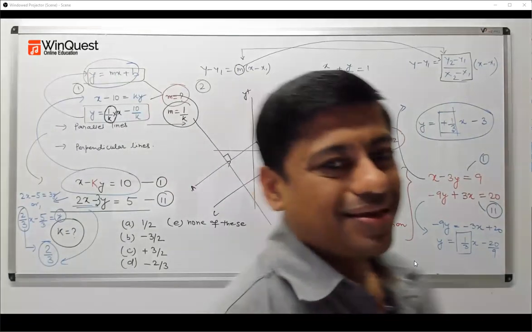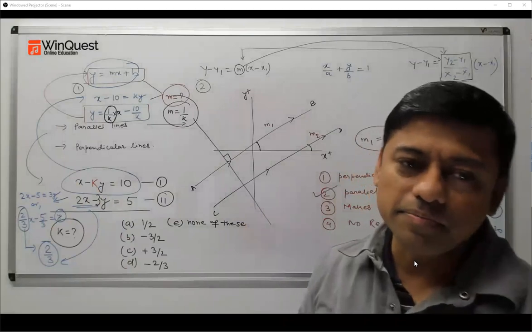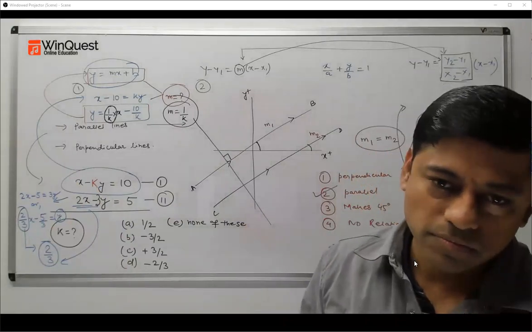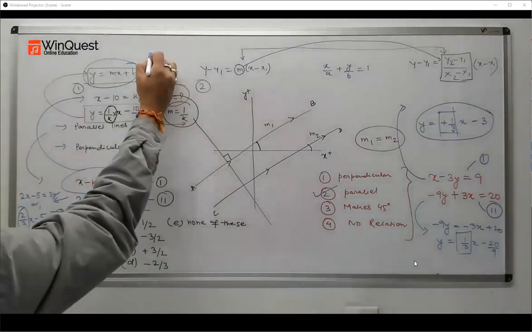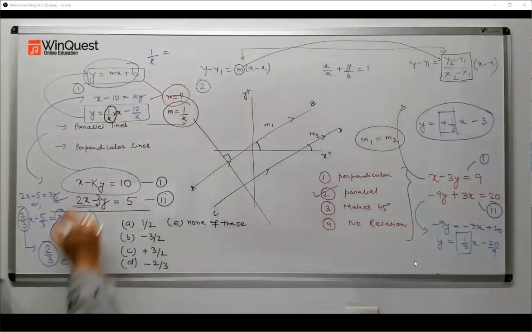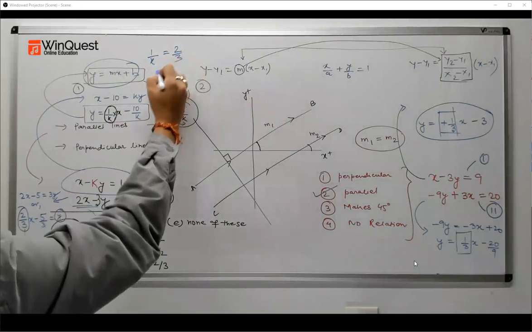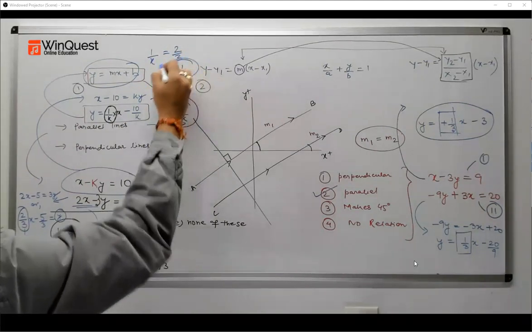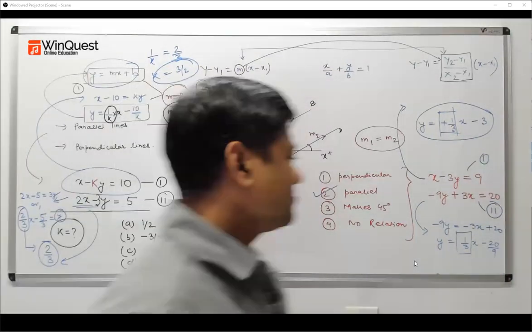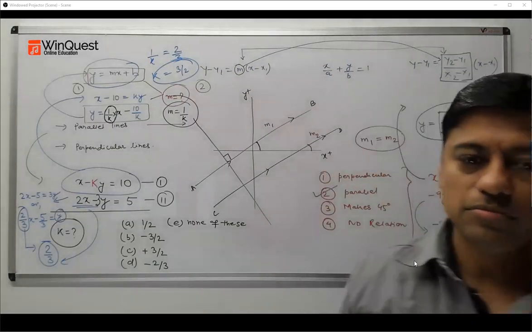So if they are parallel, the slope should be same. Yes, sir. So can I say 1 by k here is equal to 2 by 3? So k equals 3 by 2? Yes, sir.